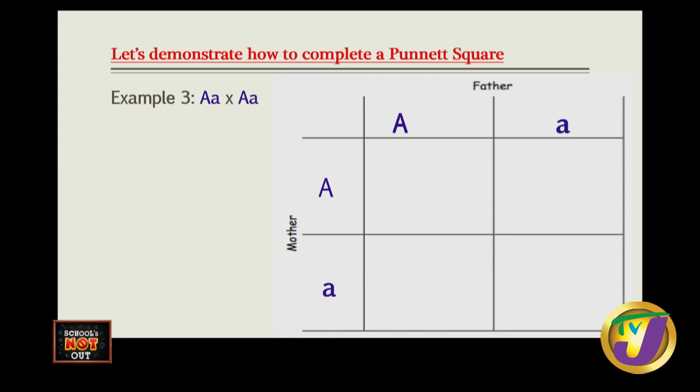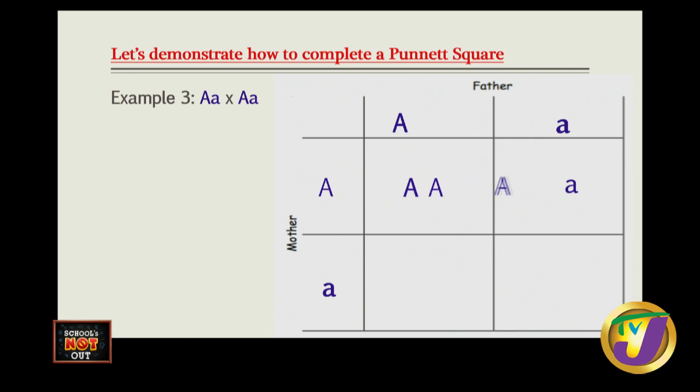So again, we're crossing 2 parents, or 2 plants. Both of them are heterozygous, so both have a dominant allele and a recessive allele. From the parent, we have dominant, capital A. From the next one, we also have a capital A. And I would ask you what these are termed. From the next, we have recessive a.